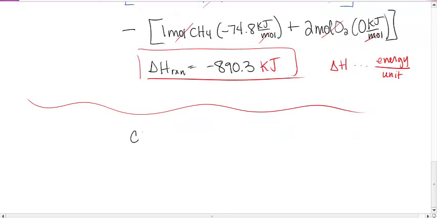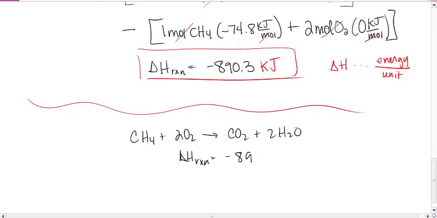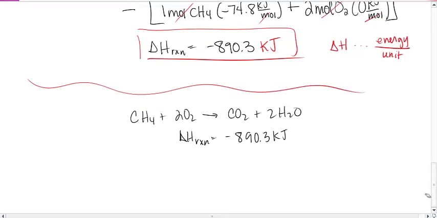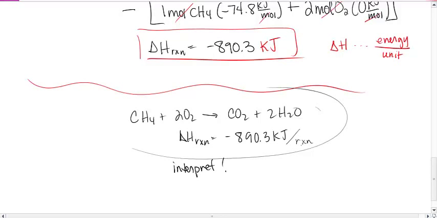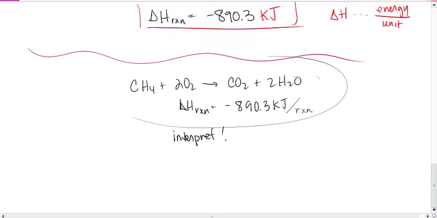Here's my balanced equation, and we get CO2 and water, and the heat of reaction is negative, good thing, because it was exothermic, 890.3 kilojoules, not per anything. We have to interpret it. This basically means for the reaction, but that is so nebulous and so hard to look at.